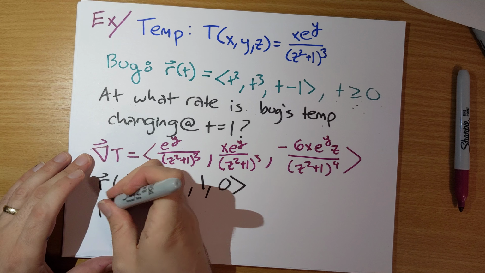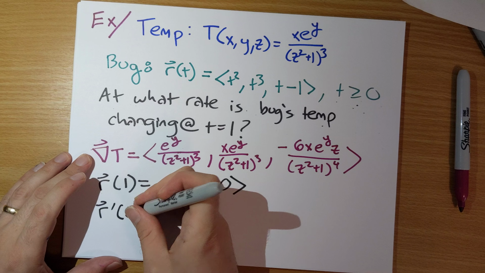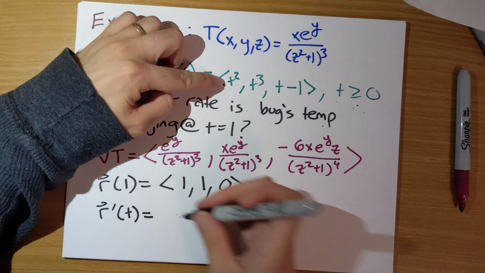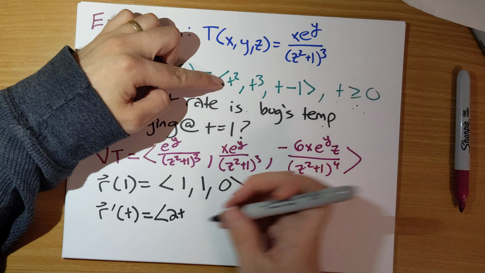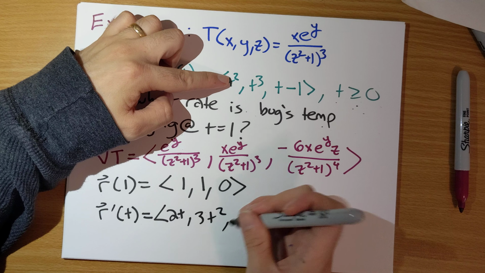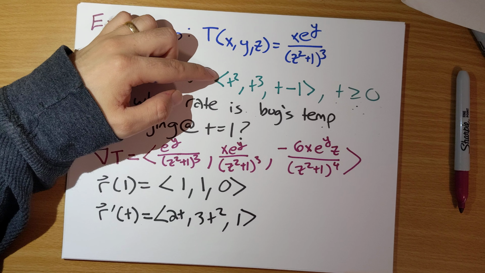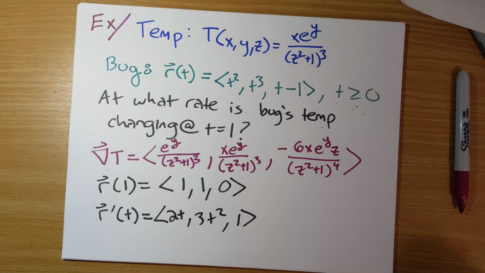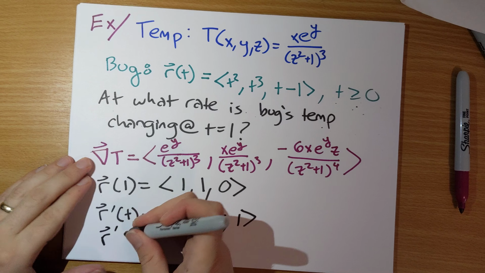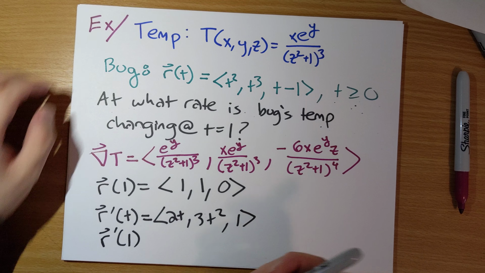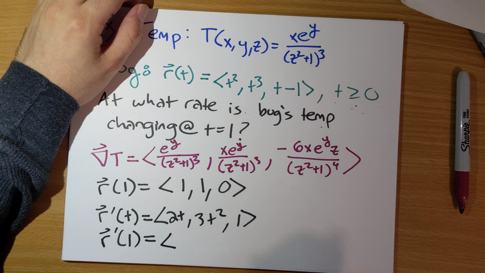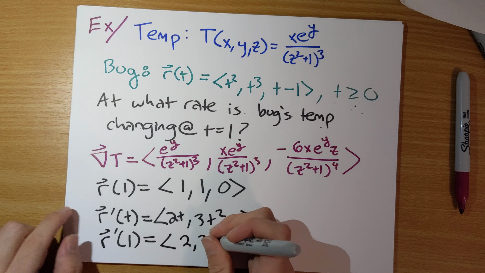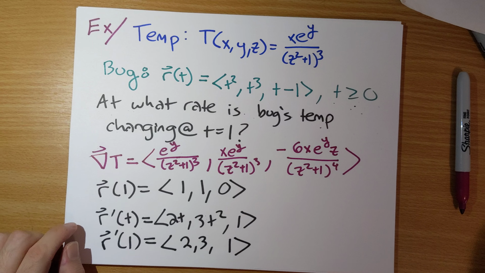So r prime of t is going to be 2t, 3t squared, and 1. And let's also plug in 1 into r prime, and we would get 2, 3, and 1.